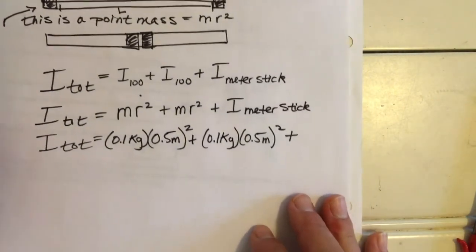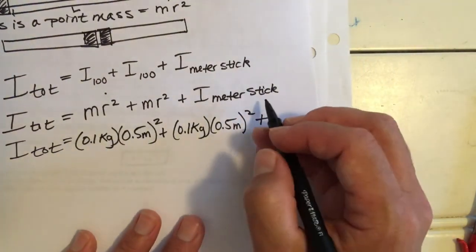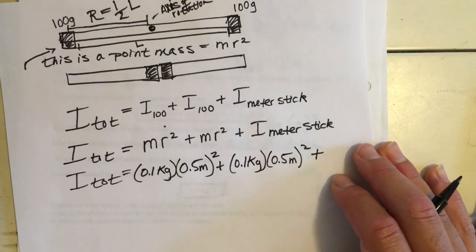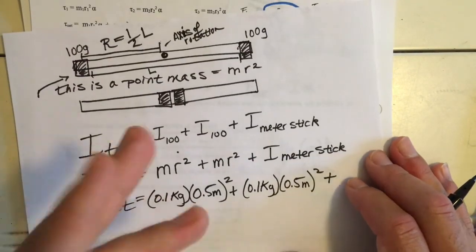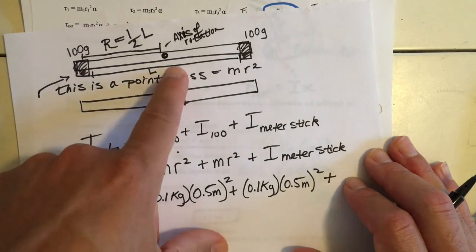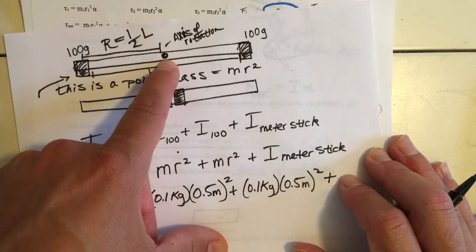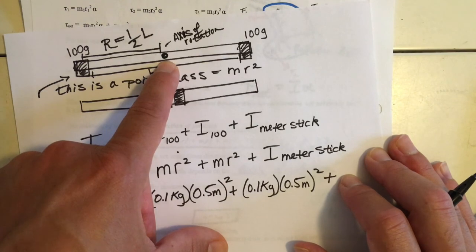All right, and finally we're getting to the meter stick. And this is going to cause a problem, right? Because you might say, well, let's say the meter stick has a mass of 200 grams. I'm just making that up. And the axis of rotation is right here. But what's the meter stick's distance from the axis of rotation? You might say its mass is acting at the center, so its distance is 0.